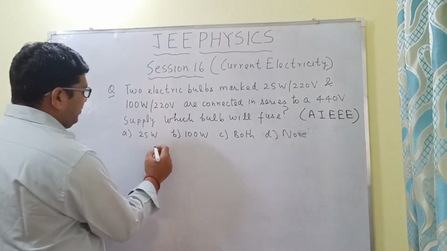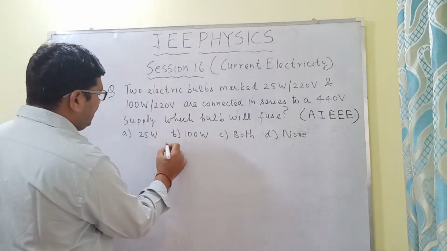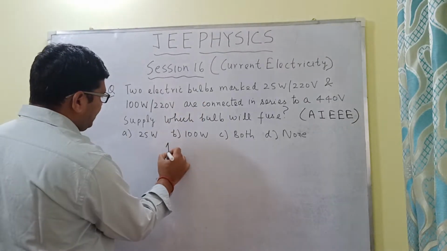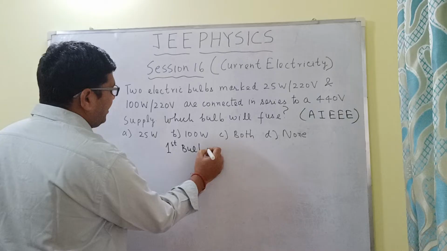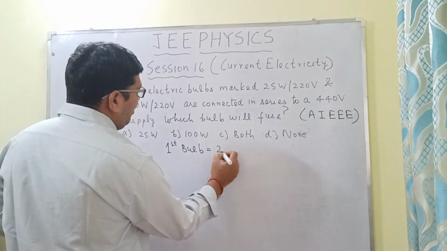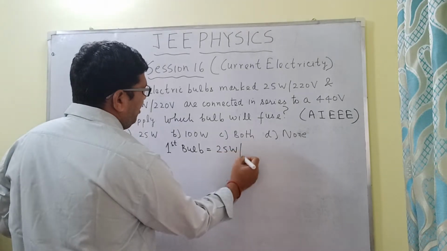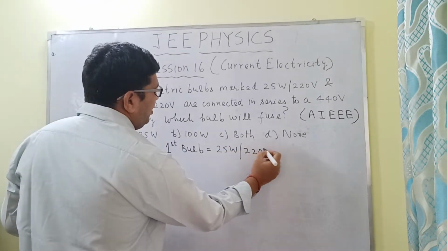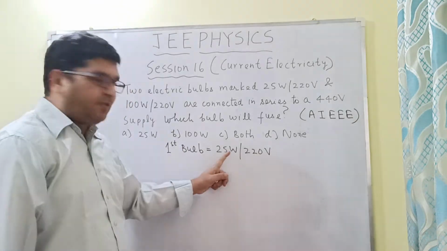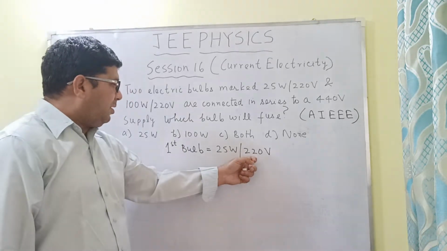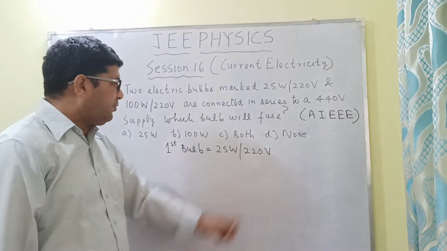तो यहाँ पर जो, let us say the bulb number 1, you can say the first bulb, इसकी जो रेटिंग है वो है आपकी 25 watt at a supply voltage of 220. The rating of this first bulb is 25 watt when the supply voltage is 220.